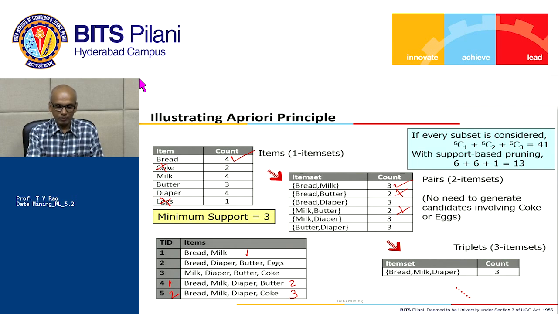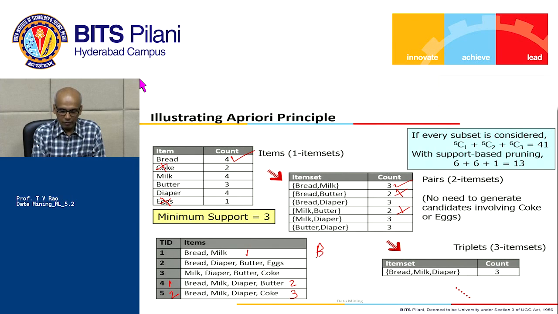All other item sets we had eliminated because their subsets are not frequent. For example, we take bread, milk, and then milk, diaper. Let us look at bread, diaper and butter, diaper. Both are frequent item sets.